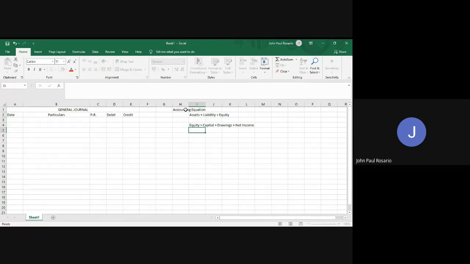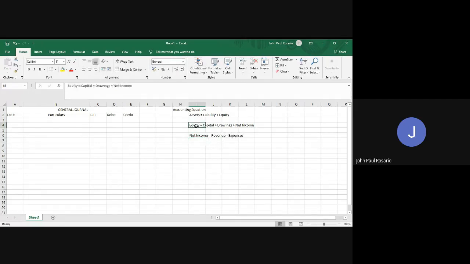And remember that net income or net loss is a result of revenue minus expenses. So first we substitute net income here with these two.